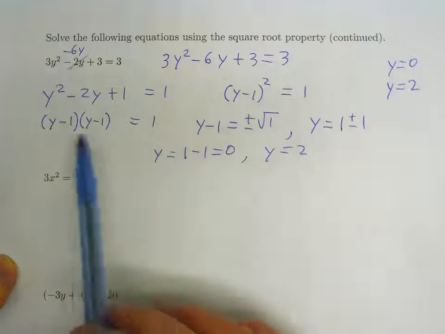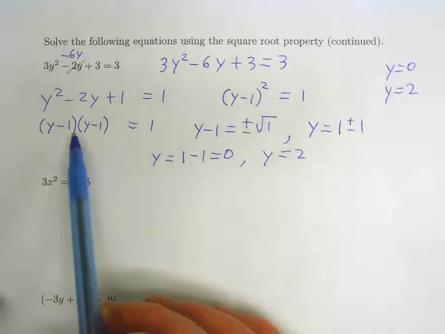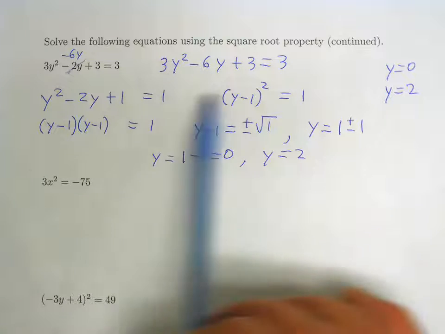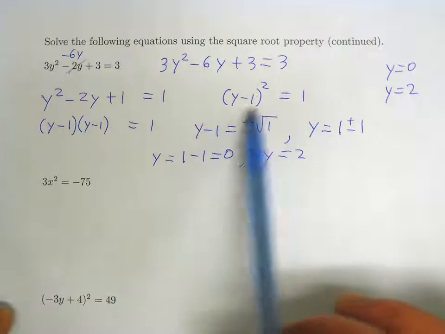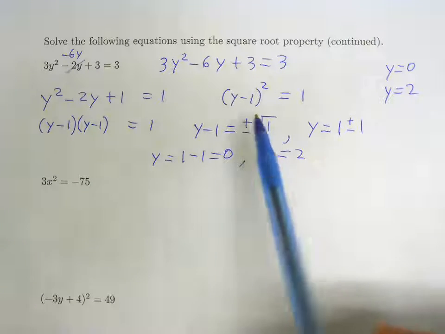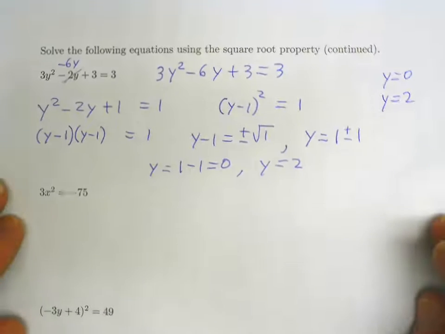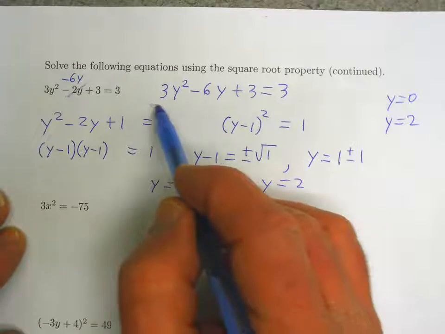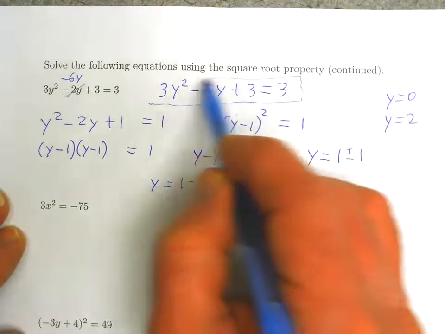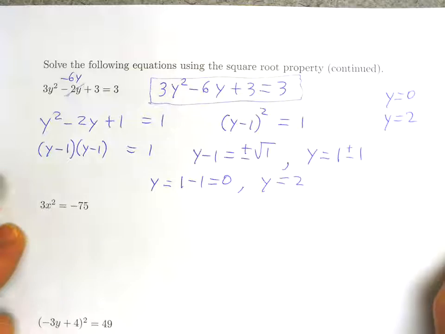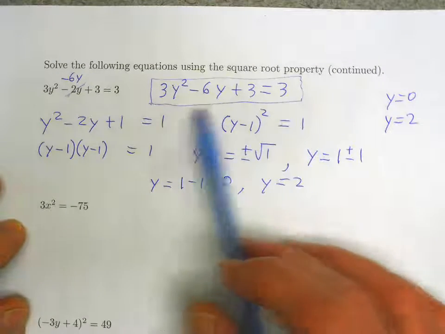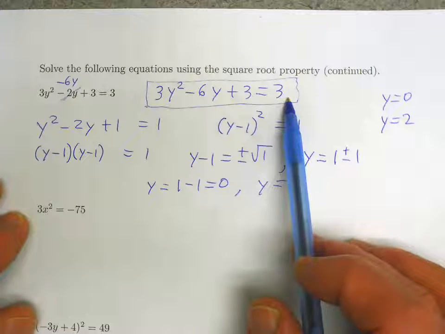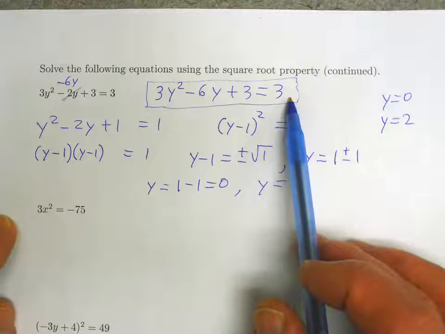Okay, I'll show you an alternative. I just did this example to show you how we can use the square root property. But let's begin with this again, and we'll solve this using a method that we've already learned this semester.